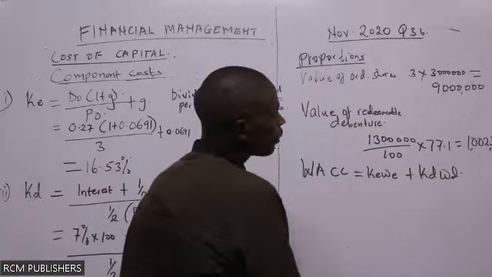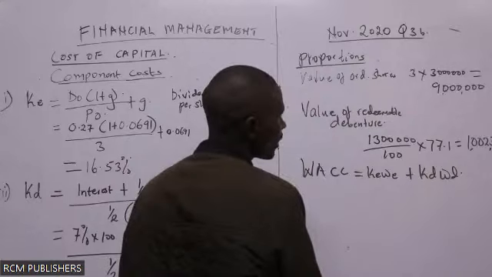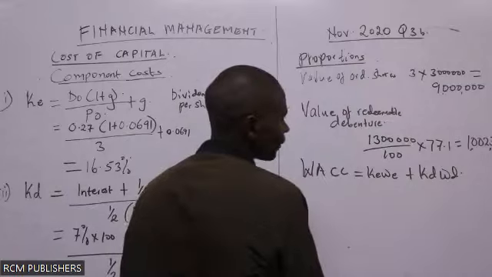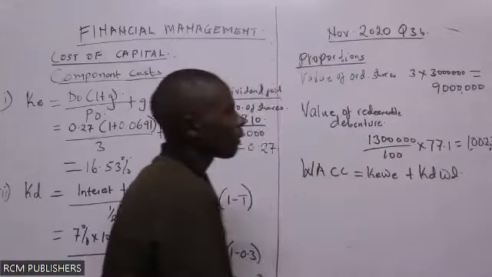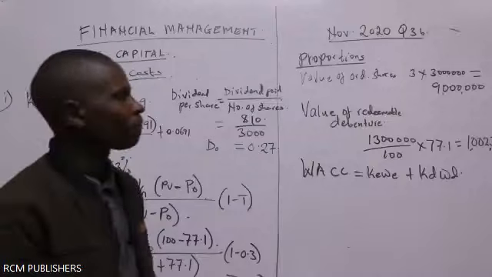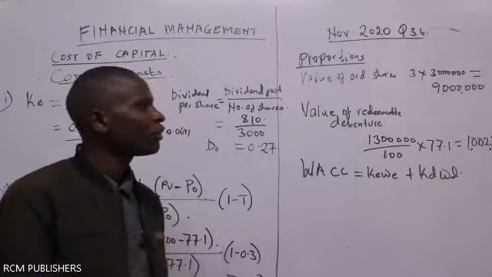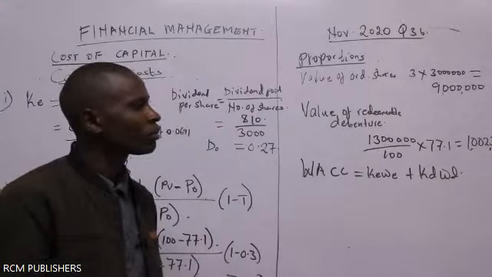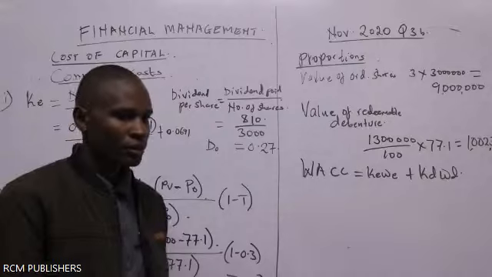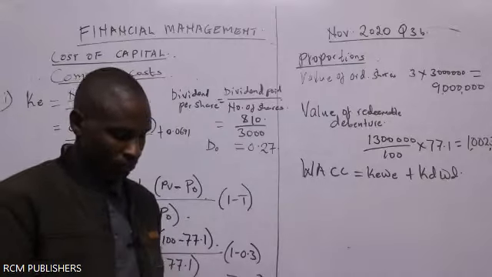Now, if I want to get the total of the proportion, how much is the total? 9 million plus 1,023,300. How much do you get?